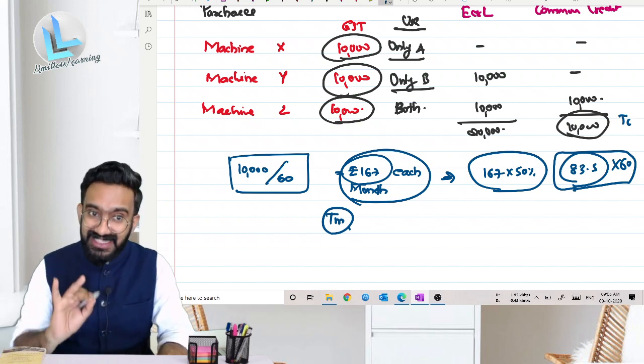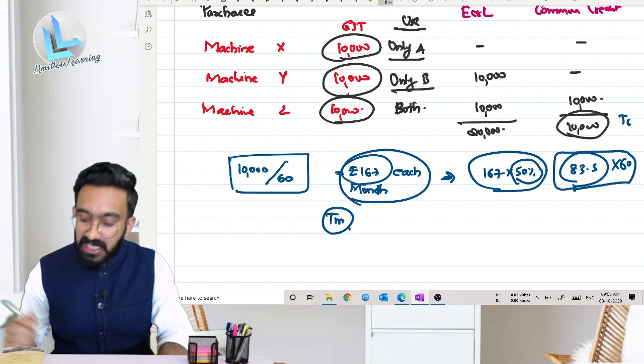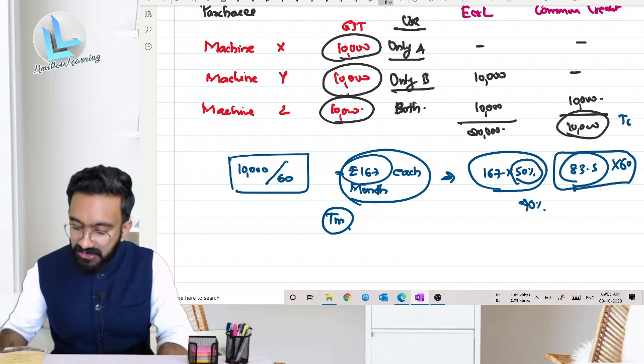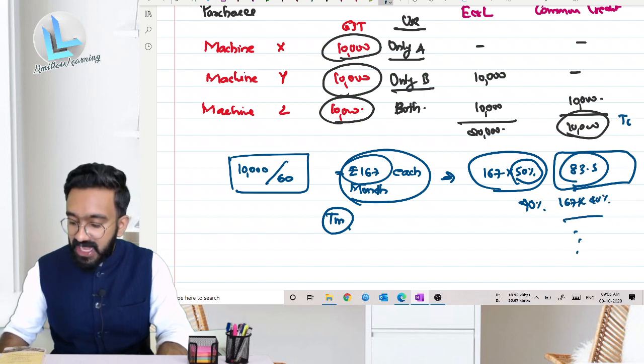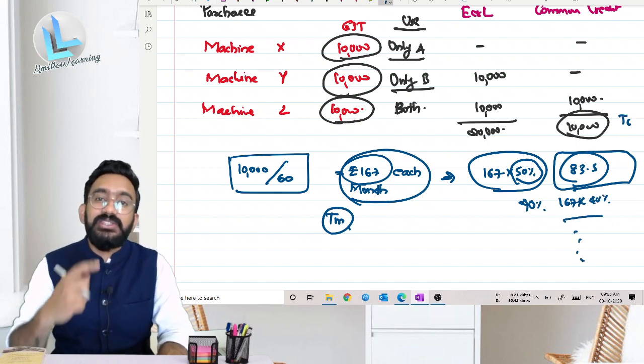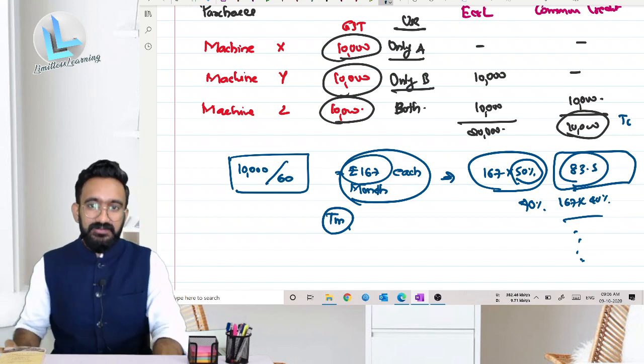83.5. Not exactly 83.5, because this 50% ratio is for this month. Next month, if it is 40%, I will be reversing 167 into 40%. Likewise, I have to reverse it for 60 months. So in total, the entire portion of exempted will get reversed.